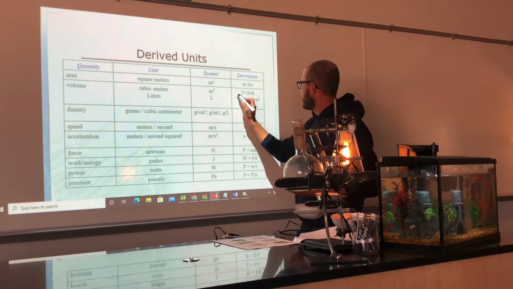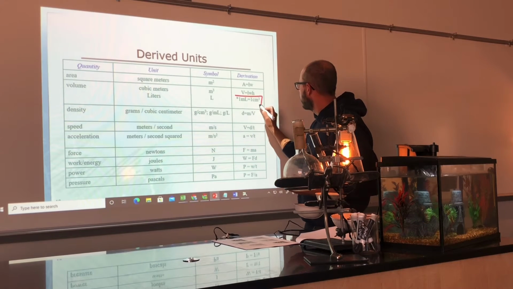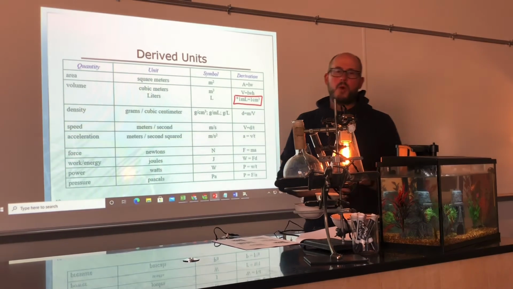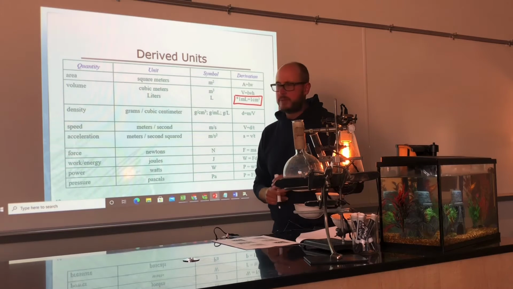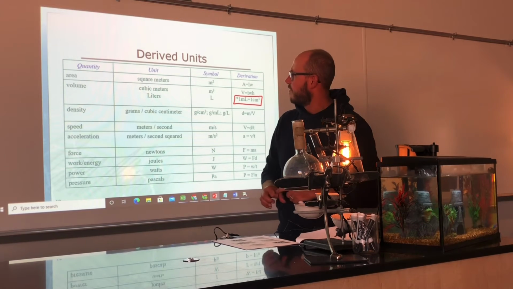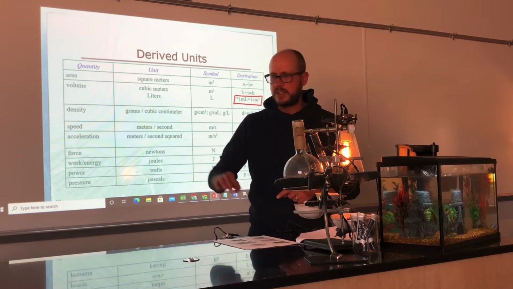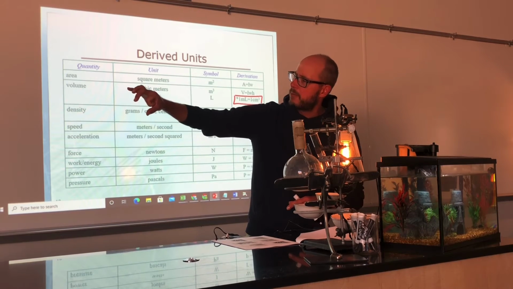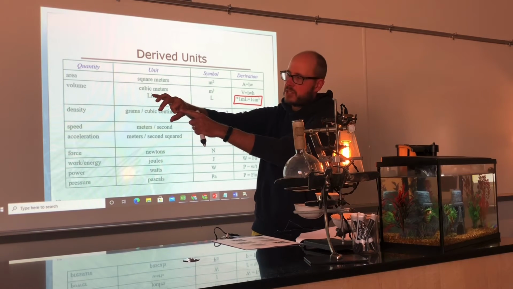Now, here is a definition that you should know. 1 milliliter is 1 cubic centimeter. In other words, we can define volume in milliliters as roughly the amount of space occupied by this small 1 cubic centimeter space.